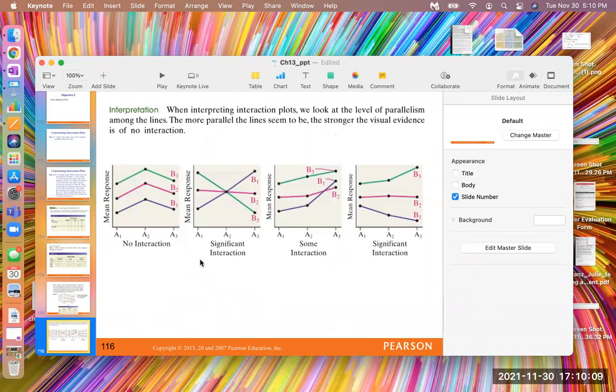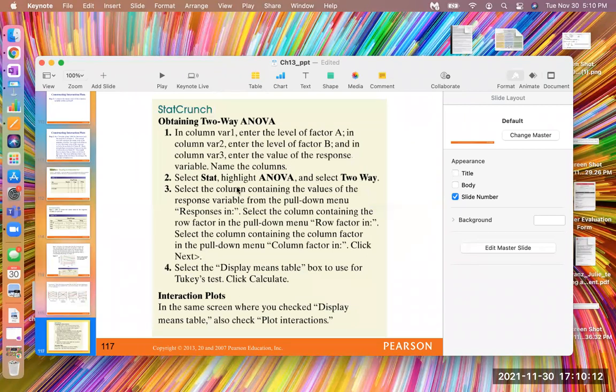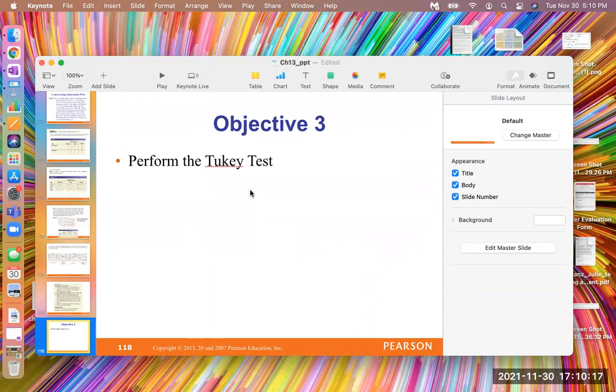All right, let's move on. Here's some StatCrunch, a statistical program that can help you do this two-way ANOVA. Last but not least, once we're done with the two-way ANOVA test and we say there is an effect from factor B or from factor A, then we perform Tukey's test to figure out more about what's going on and which fertilizer is working and higher than the others, and which ones are smaller.